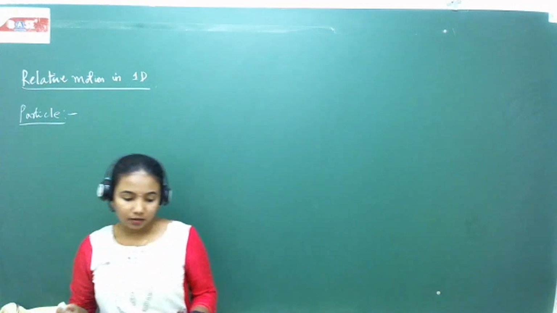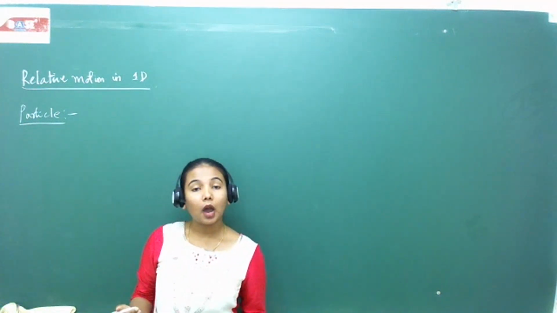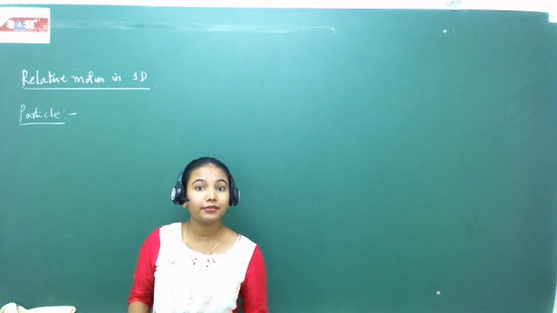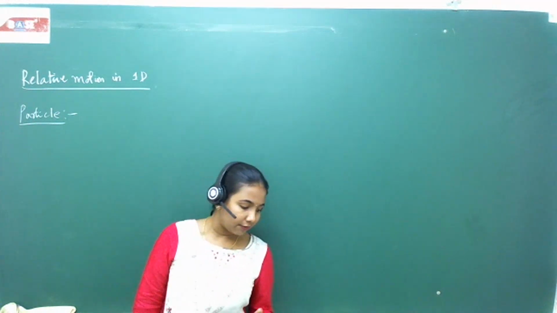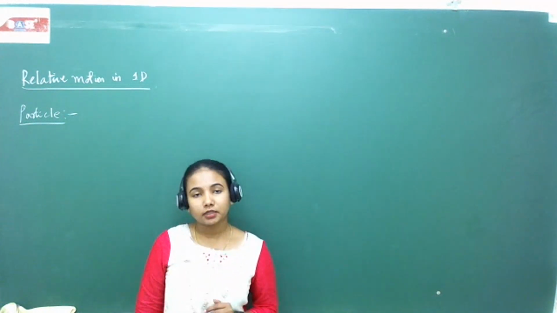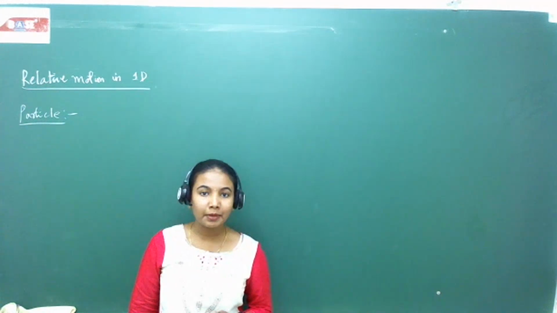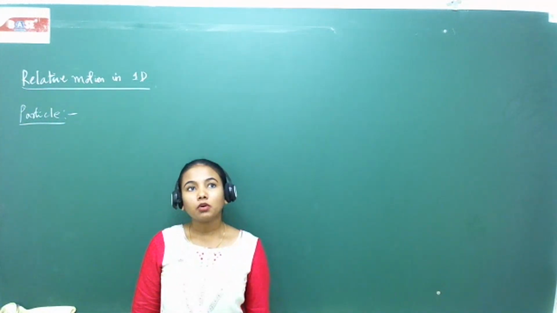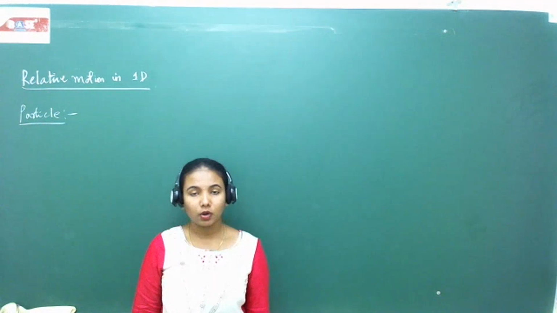How do we imagine a particle in physics? We feel like a particle is a small object, a small atom, a small element, etc. This is one of the definitions too.